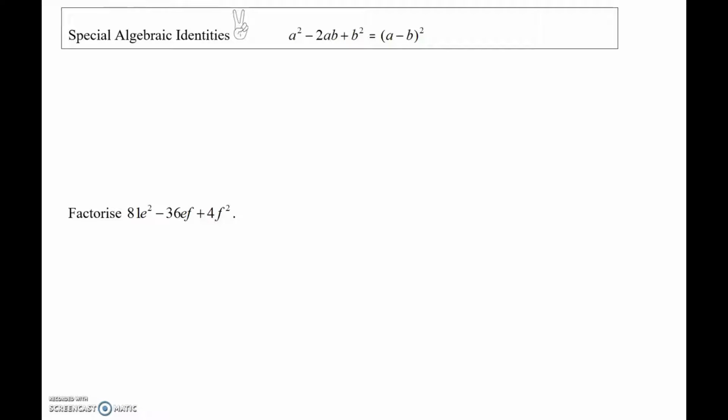Today, we learn how to factorize using the second algebraic identity for an expression in the form of a square minus 2ab plus b square.